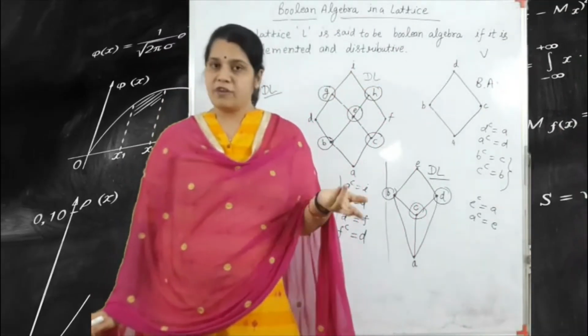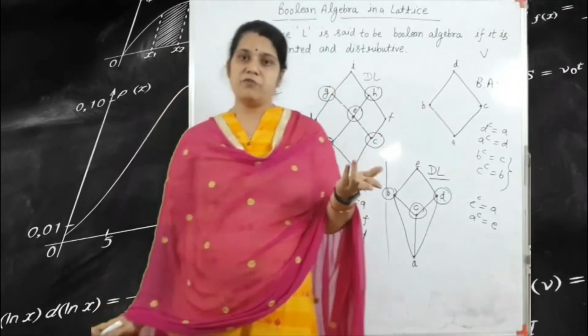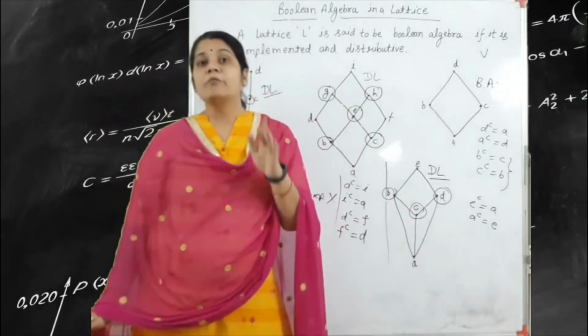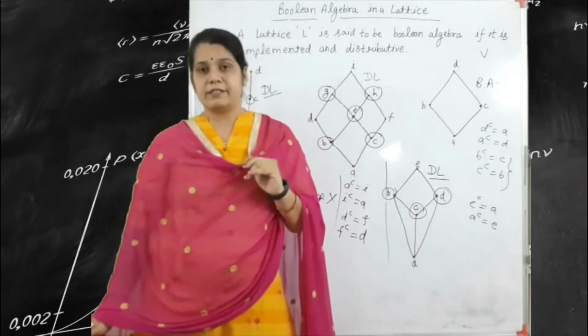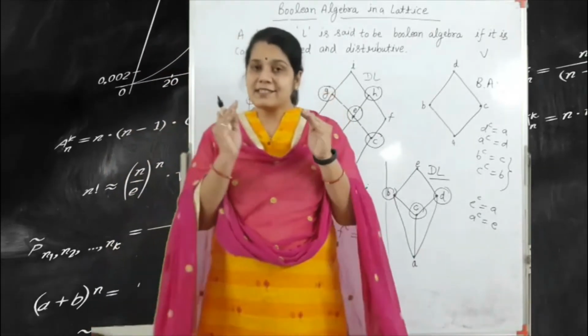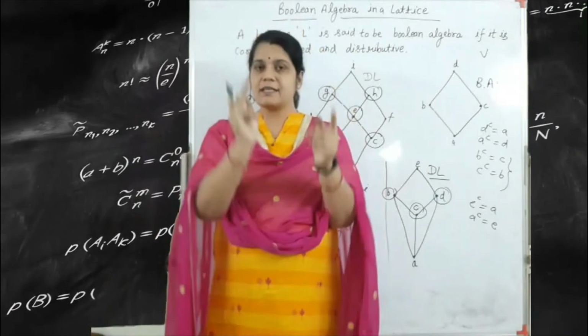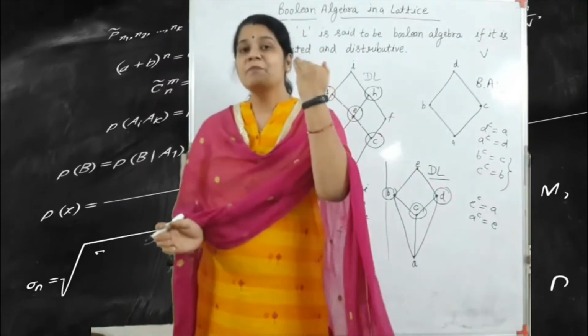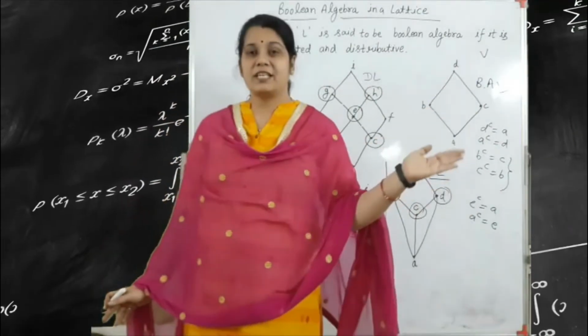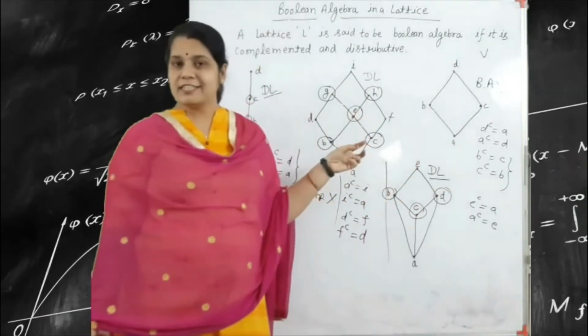Okay, if you find the distributive or the complemented lattice, first you find the complement of every element. And what is the process? The process is that first join is the top of the system and first meet is the bottom of the system. Okay, so these are the different types of examples according to your Boolean algebra.